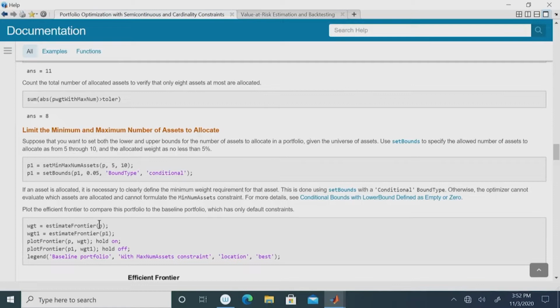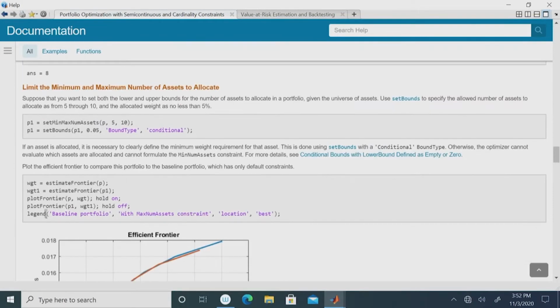So, I estimate the efficient frontier for P, which is without any additional constraint, and P 1, which is with the min and max constraints as well as the weight constraints, and I will designate the weights corresponding to each of those efficient frontiers as WGT and WGT 1, and then I will plot those efficient frontiers.